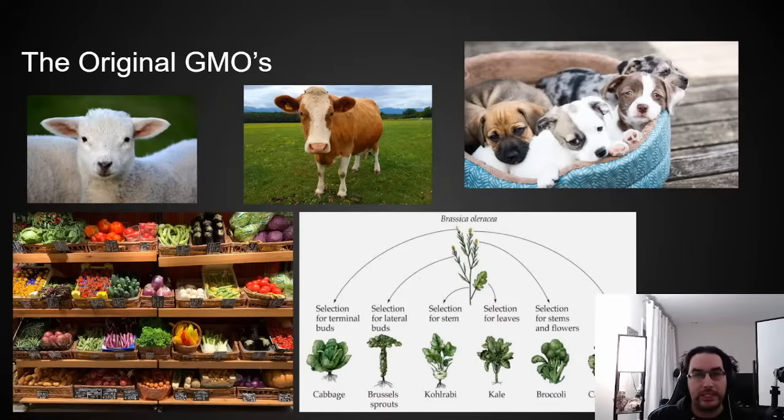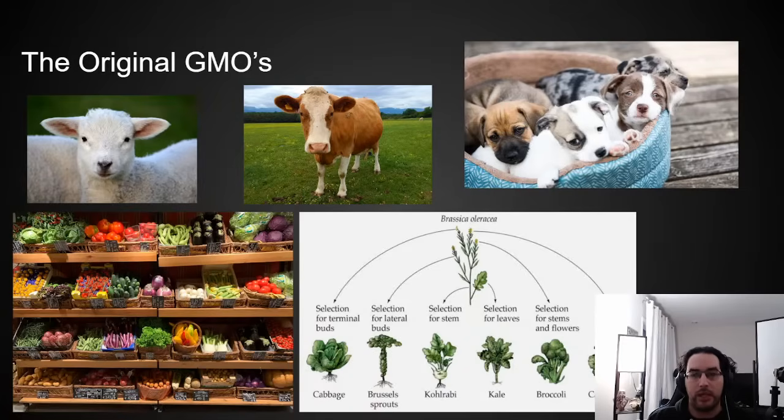You've almost never eaten a food that has not been distinctly modified by humans. Does that mean that we've gone in and purposely changed every gene? No, that's not what it means. But just through the act of breeding something, you will change its genetics. You will change thousands of genes at a time.